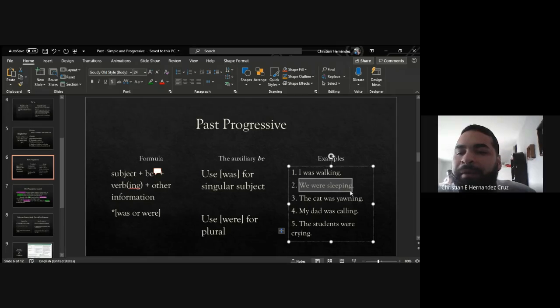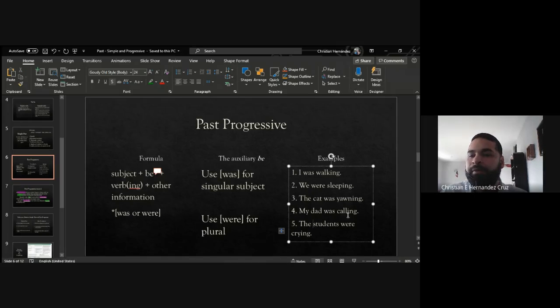We were sleeping. We have the be verb were, and we're using were because we is a plural pronoun. So we have the main verb sleep, to which we simply added ing. The cat was yawning. Okay, be verb was, because it's one singular cat. Main verb yawn, to which we add ing.